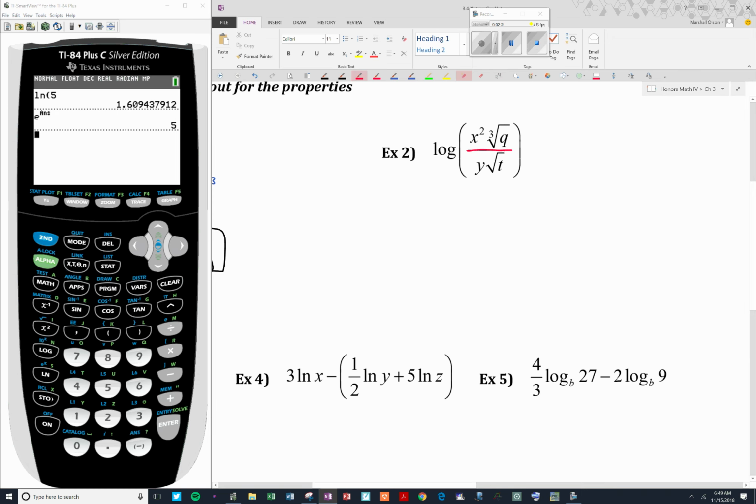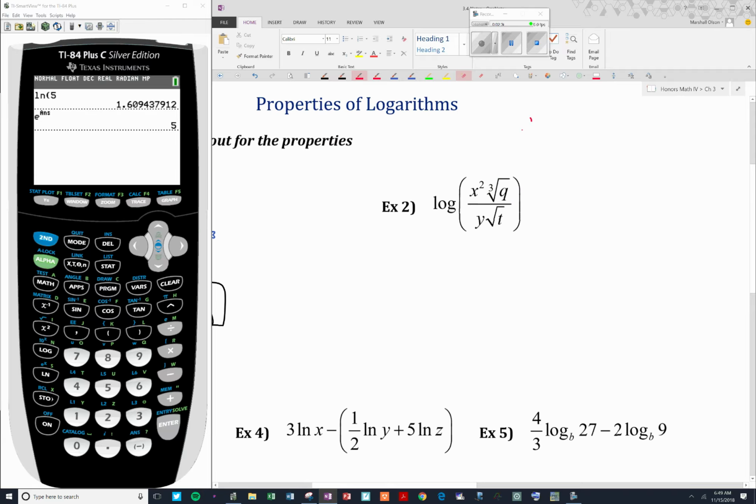First thing we have here that kind of sticks out is that division. Division becomes subtraction between. And as we do that, I'm going to change these roots into exponents. So remember, the nth root of a is the same as a to the 1 over n. That'll be helpful. So I'm going to change this division here into subtraction.